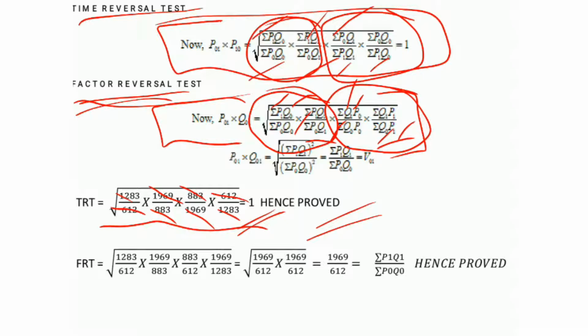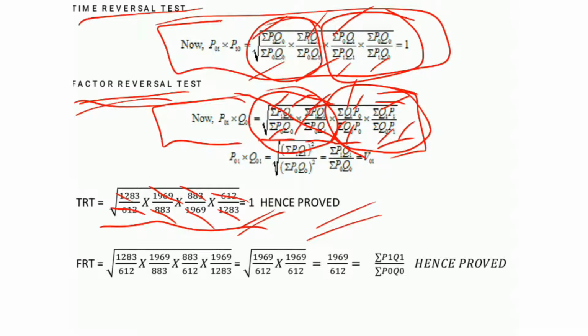But the opposite diagonal values, P1 Q1 and P0 Q0, are the same either way, so these two values remain the same. Only this diagonal gets changed from 1 to 0 and 0 to 1.